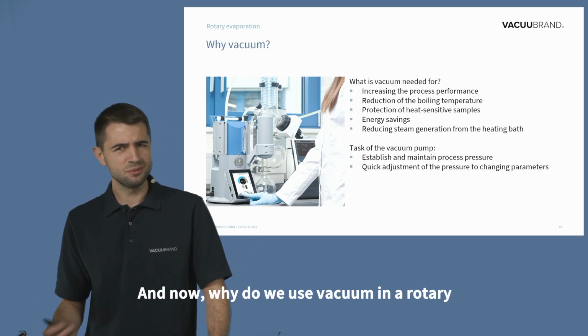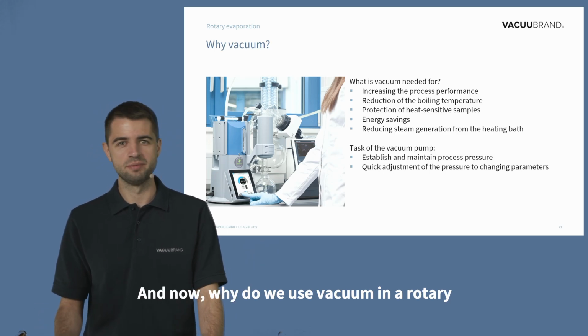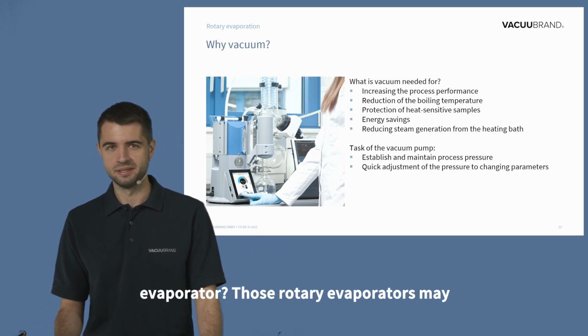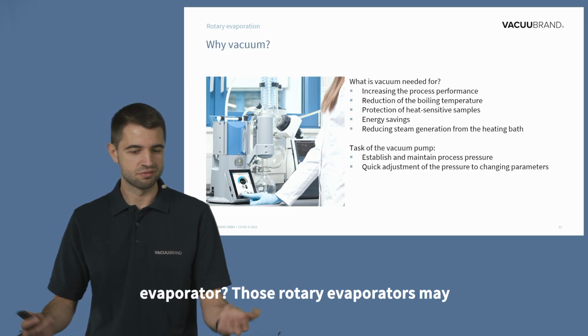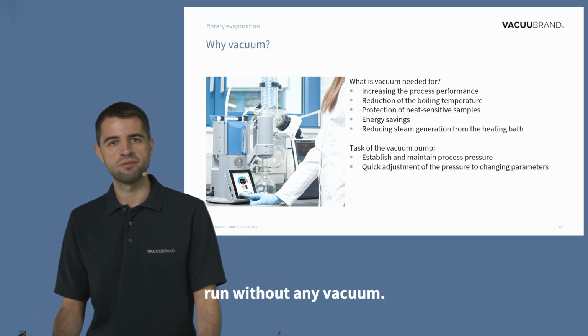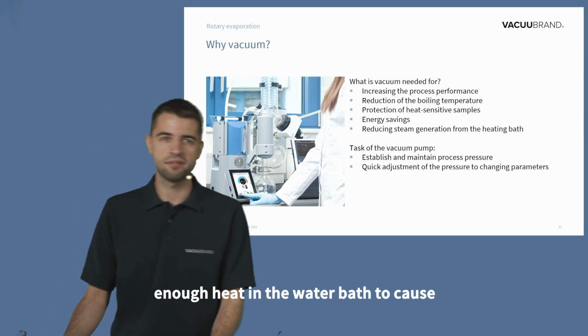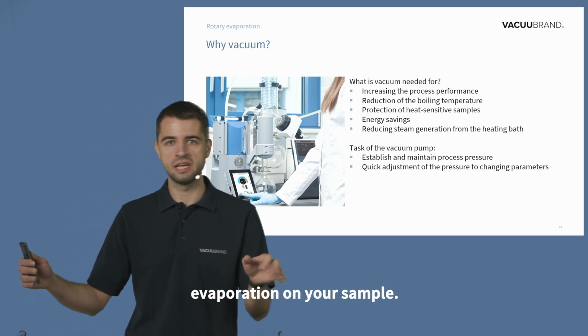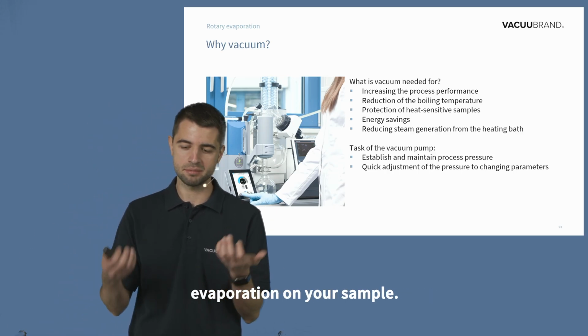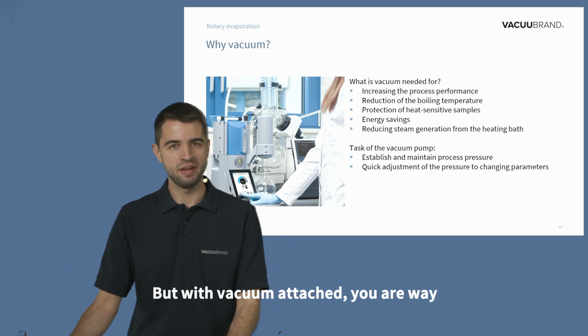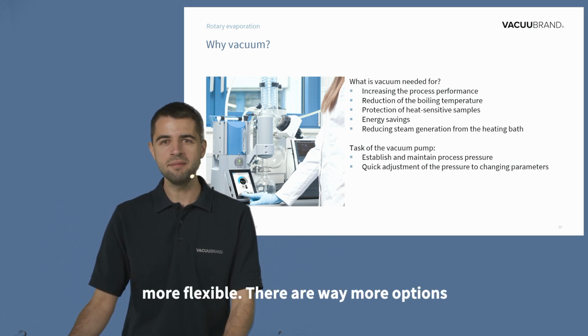And now, why do we use vacuum in a rotary evaporator? Those rotary evaporators may run without any vacuum. Yes, as long as you manage to create enough heat in the water bath to cause evaporation of your sample. But with vacuum attached, you're way more flexible.